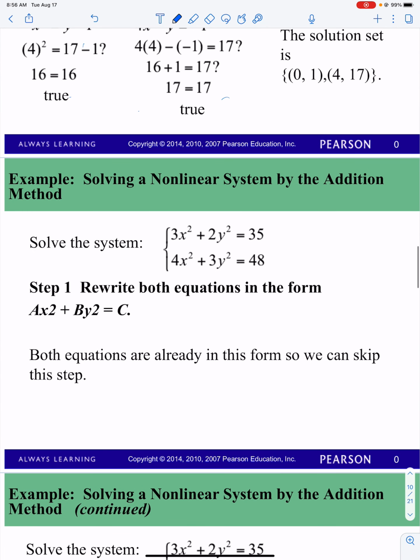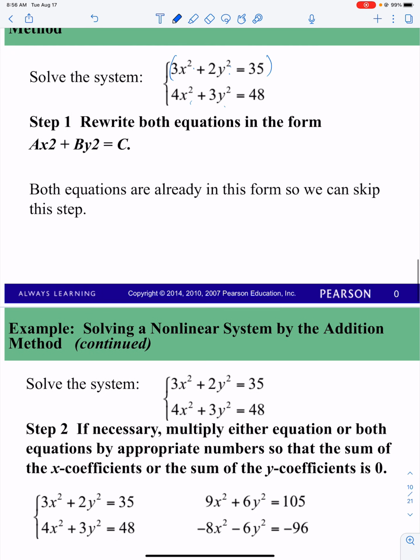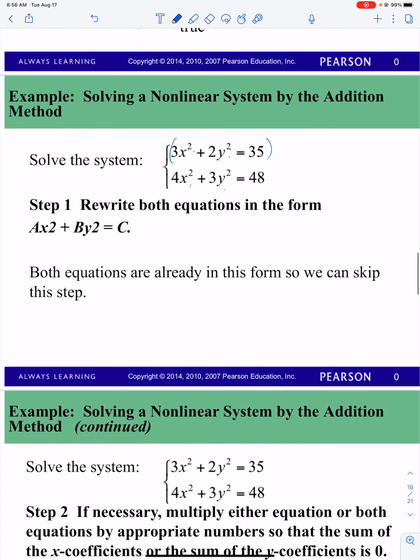Okay, so the next one is 3x squared plus 2y squared equal to 35, and 4x squared plus 3y squared equal to 48. What should we do from here? You all have x squared and y squared here. So what do we want to do? We want to eliminate either x squared or y squared.